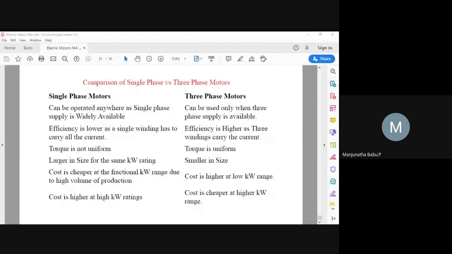Any doubts? Tomorrow I'll start the performance of the three-phase induction motor. Is that okay? Or shall we go for module 5?